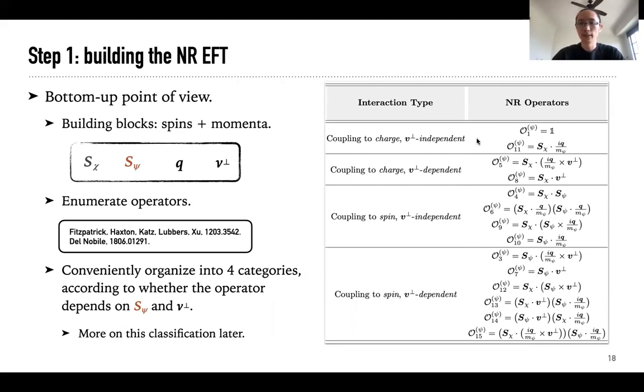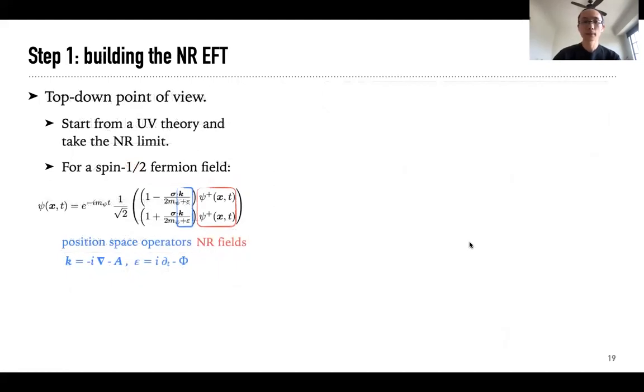And this will turn out to be convenient because, as we'll see shortly, operators in the same category generate the same crystal responses, and operators in different categories generate different crystal responses.